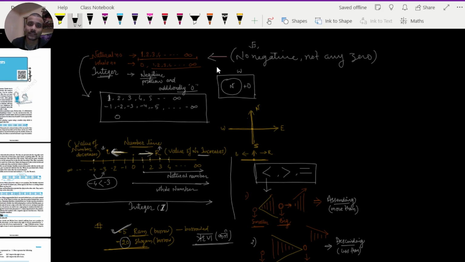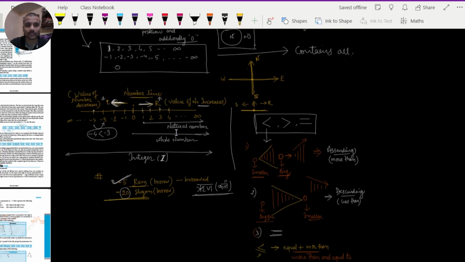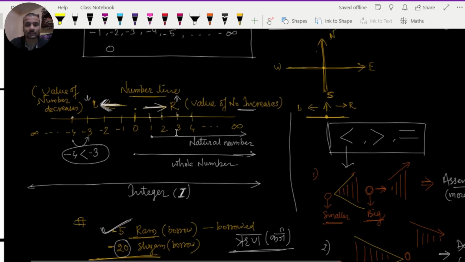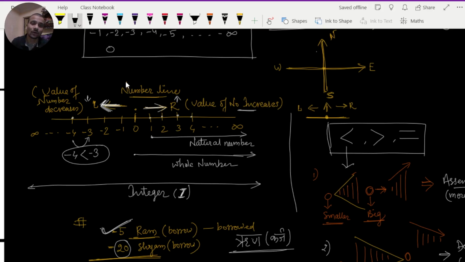Whole number contains 0 but not negative, and integer contains all: negative, positive and 0. So all numbers that could be displayed on a number line will be integers. Otherwise we can say all numbers possible on number line are integers. This also could be said.